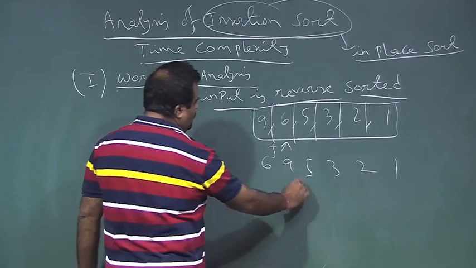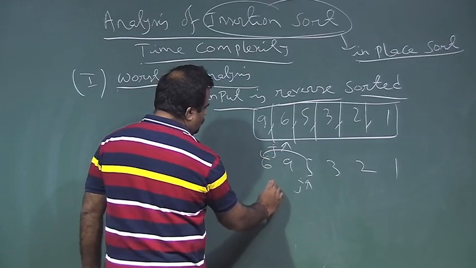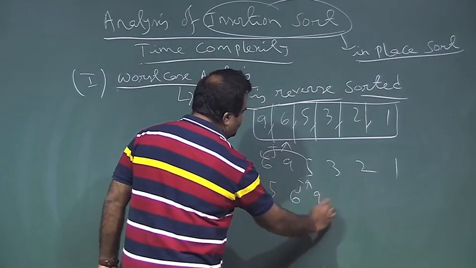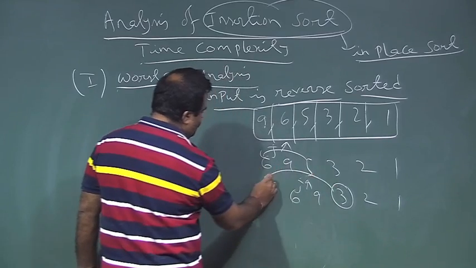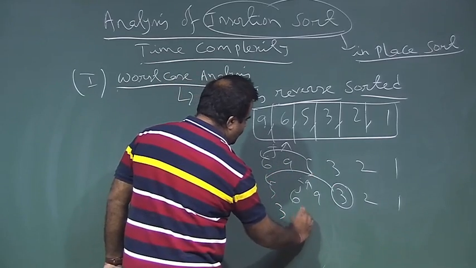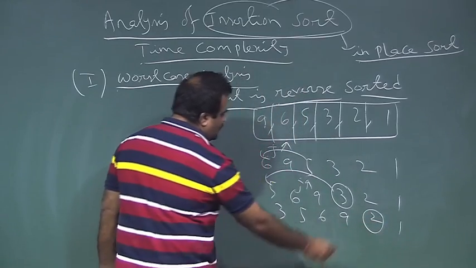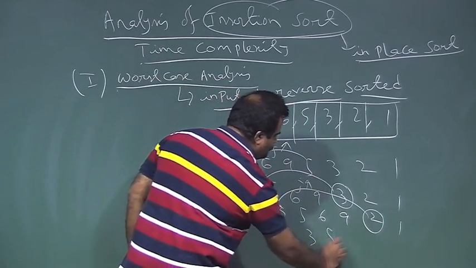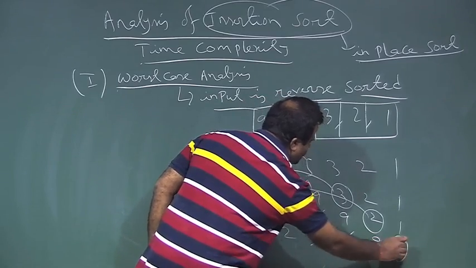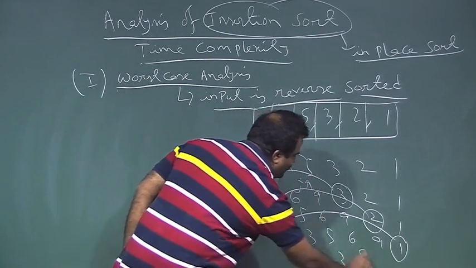Now j is pointing here, so 5 has to come here: 5, 6, 9, 3, 2, 1. Now 3 has to come here: 3, 5, 6, 9, 2, 1. Now 2 has to come here: 2, 3, 5, 6, 9, 1. Now 1 has to come here. Finally, we got 1, 2, 3, 5, 6, 9.